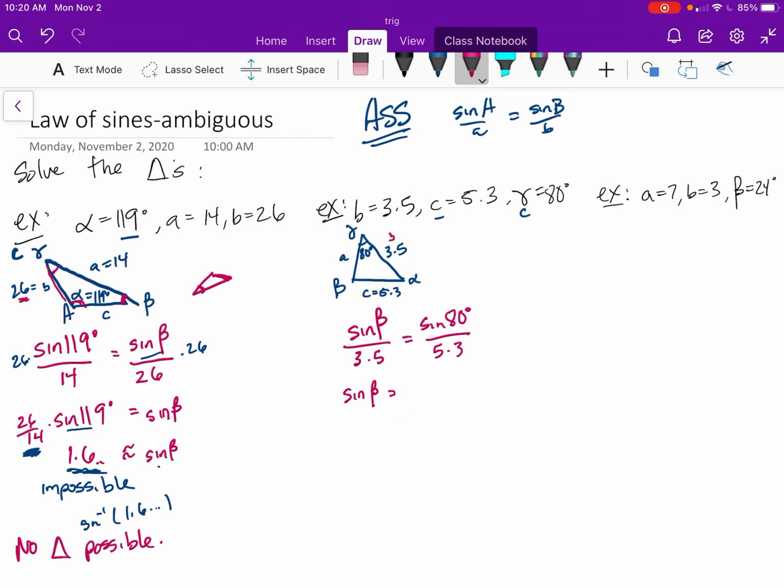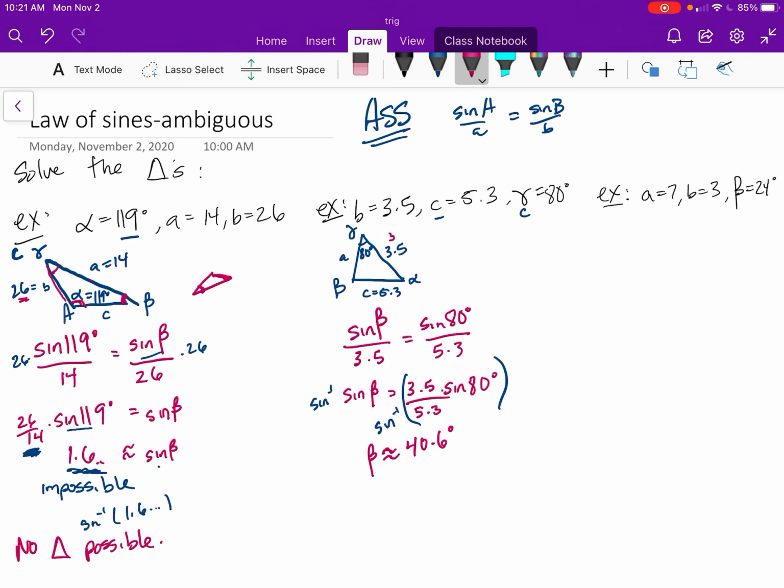We multiply by 3.5, so 3.5 over 5.3 times sine 80 degrees. I don't have all my calculator work handy, but whatever you get here, you'll do sine inverse. Plug that in the calculator and then hit sine inverse to get beta. We'll get approximately 40.6 degrees?